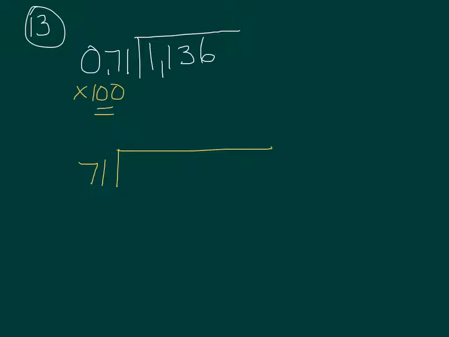Because if I'm now suddenly using a divisor that's 100 times more than my original, then I have to have a dividend that's 100 times more than my original.